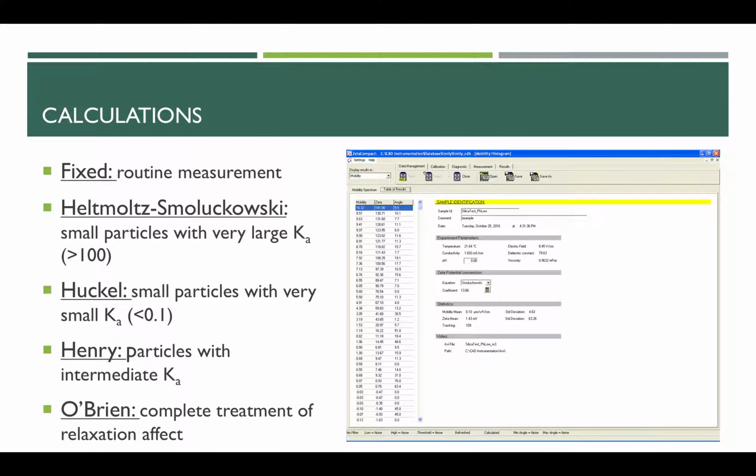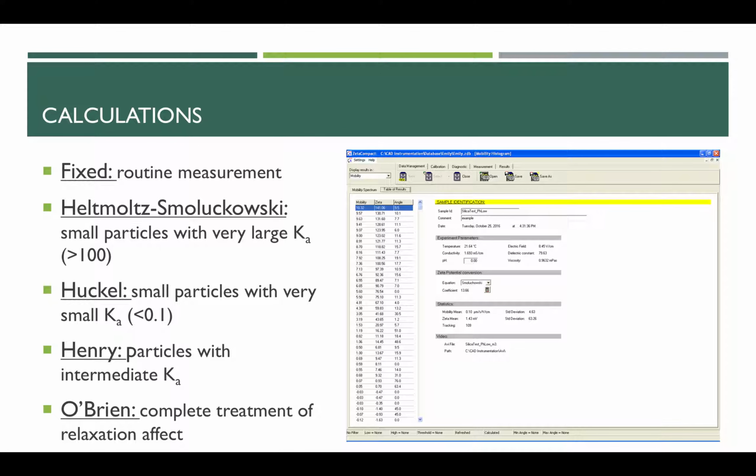Depending on the nature of the particles in the colloid, different equations can be applied to calculate the zeta potential. The ZetaCompact offers a fixed equation for routine colloid measurement and can also be used as a base point when analyzing unknown samples. Otherwise, one would choose an equation based on the size of the double layer that we had mentioned earlier.